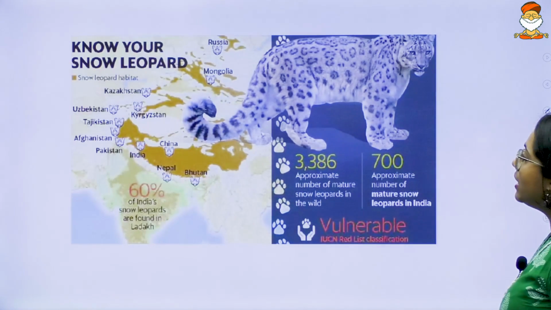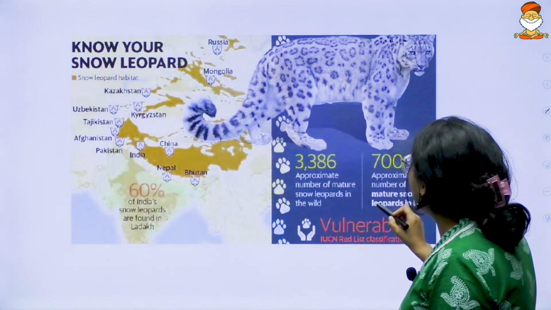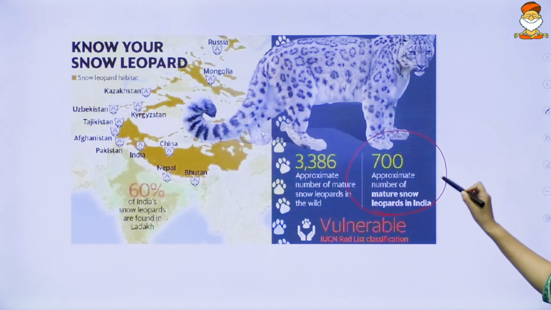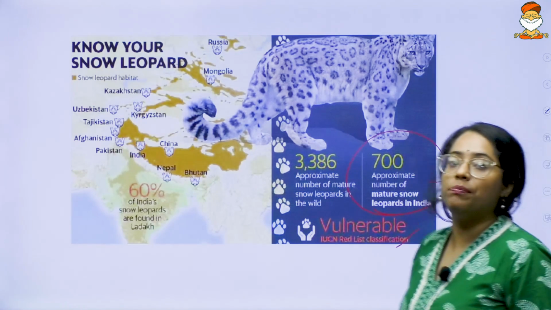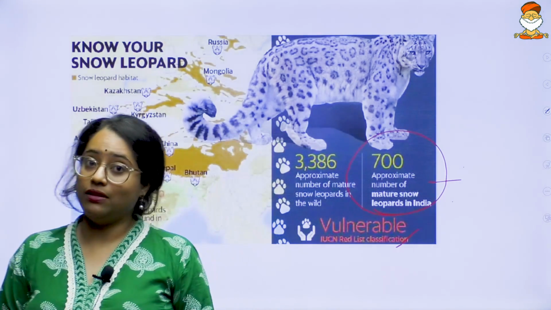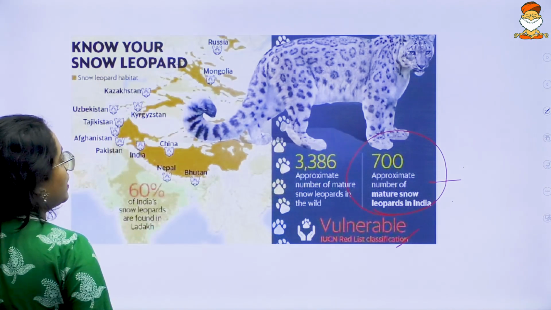And some of the major takeaways in this is you have almost 700 approximate mature snow leopards in India. Globally, snow leopards are classified as vulnerable, and in India you have almost 700 in number.